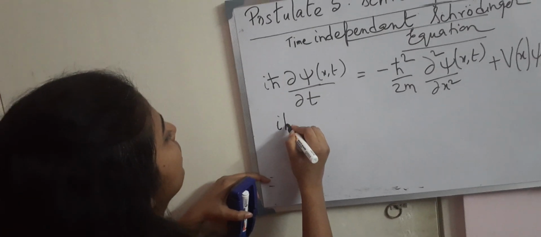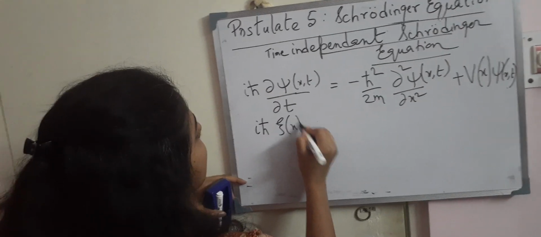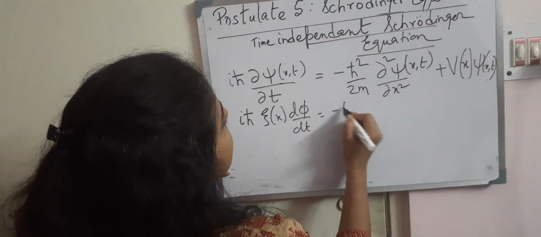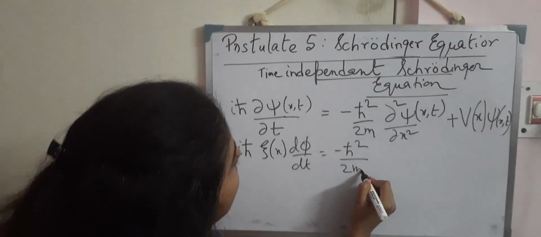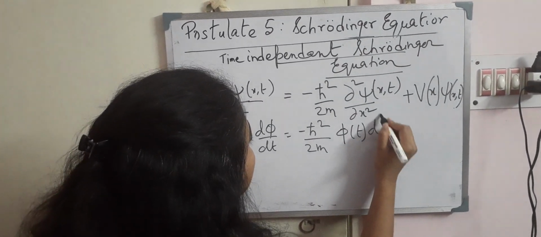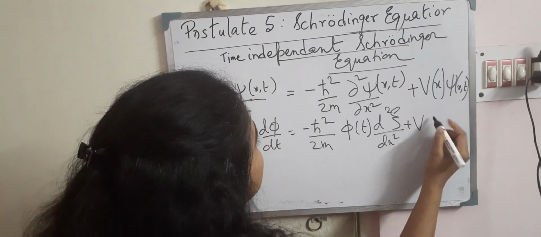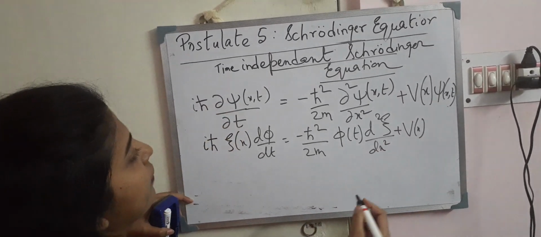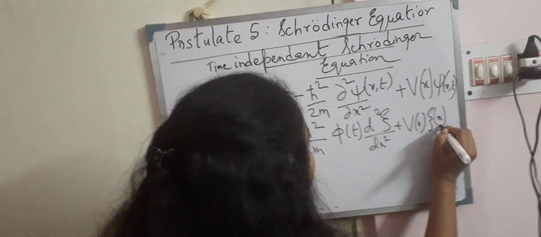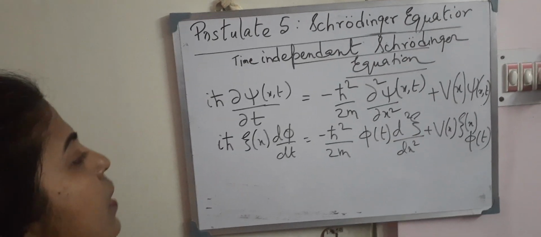So I h cut, this is psi x into d phi dt, minus h cut square by 2m, this will be phi t into d2 psi dx square, plus v, a function of x, and here I have psi as a function of x and phi as a function of time. So I just put it here.